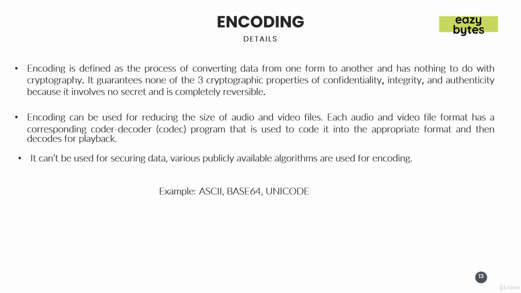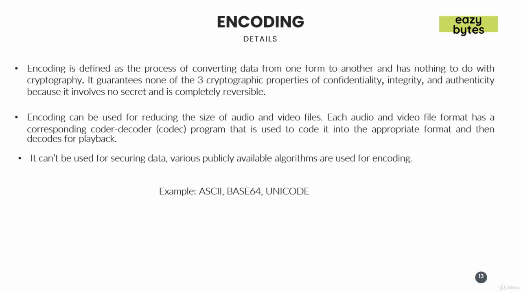But encoding lacks all properties, like confidentiality, integrity, and authenticity. The reason is anyone can decode the encoded data that you have sent. Like I may send some data as a password, but decoding it is very easy if someone knows the encoding approach that I am following.